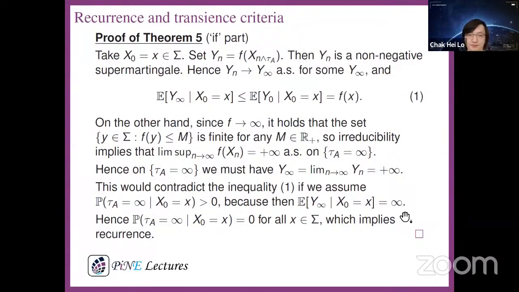So there is a contradiction here. So that's why this event is never happening. So the probability of this stopping time equals infinity is 0. And this means that the process is recurrent. That's just from the definition of what recurrence means. So the probability of this being less than infinity is 1, right?